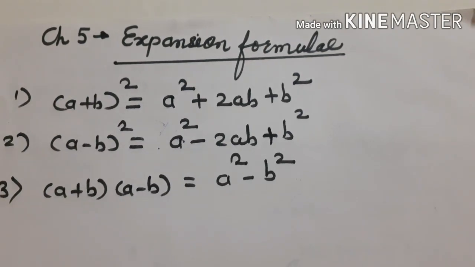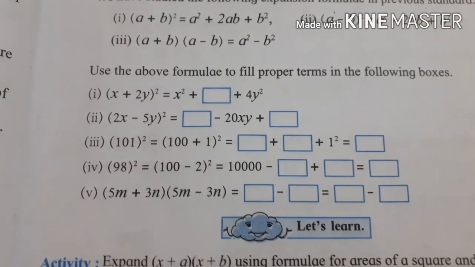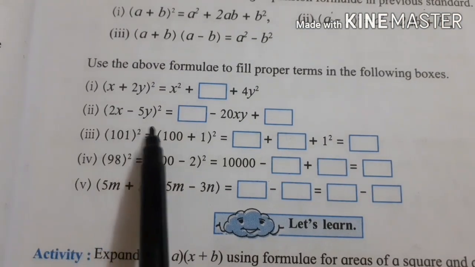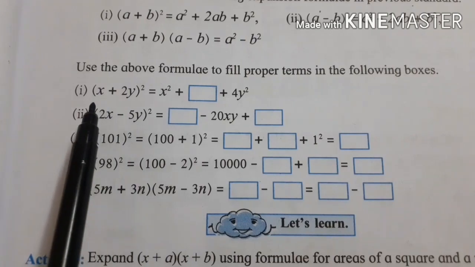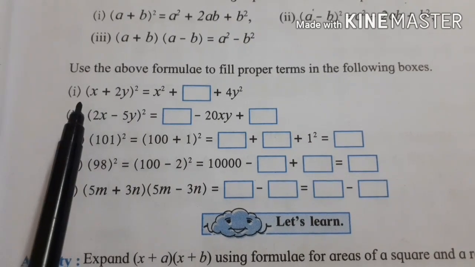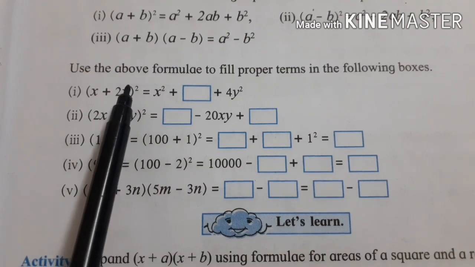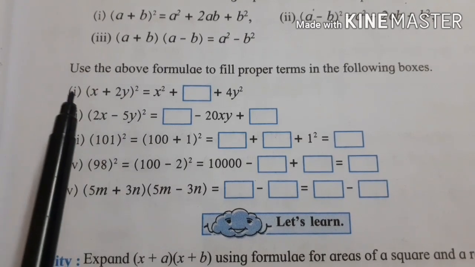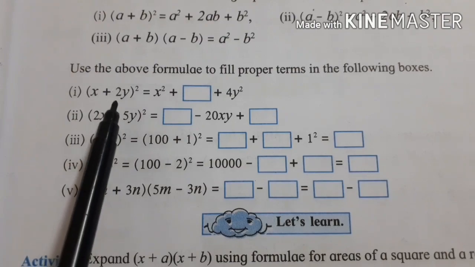Now today we have seen page number 23, some examples are given here. Look here, x plus 2y bracket square. We take this example as a plus b bracket square. What is our expansion of a plus b bracket square?